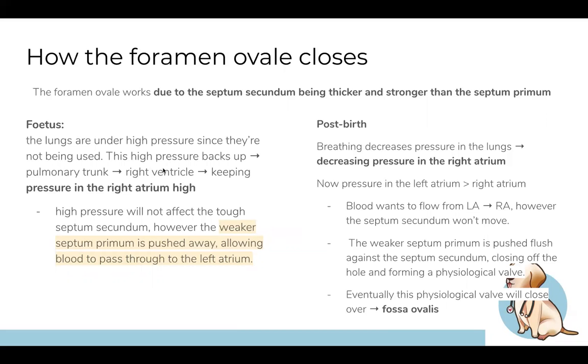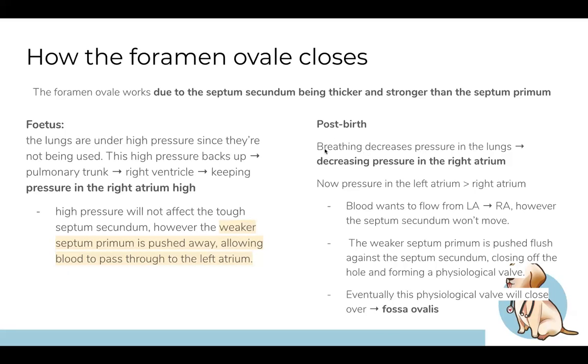So the pressure in the right atrium is higher than that in the left atrium. Even though the pressure is high, it is not going to affect the septum secundum, which is quite thick. However, it will push away the septum primum, which allows blood to pass through.